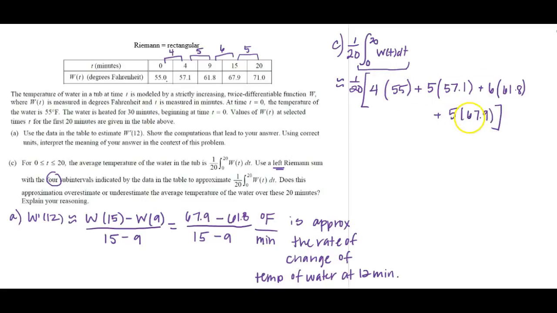I would add all of these together. These are all of the individual areas of the rectangles. And then I'd multiply that by 1 over 20, or divide by 20, and that's going to approximate this average temperature of the water in the tub between 0 and 20. What I can't do, just like last time, is use my shortcut. My little shortcut for left rectangular approximations only applies when there's a uniform delta x.